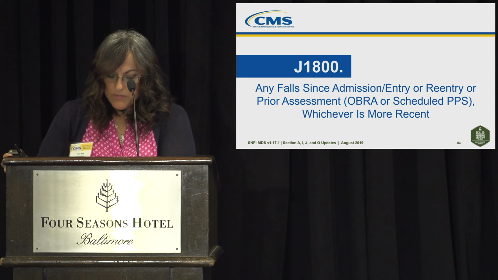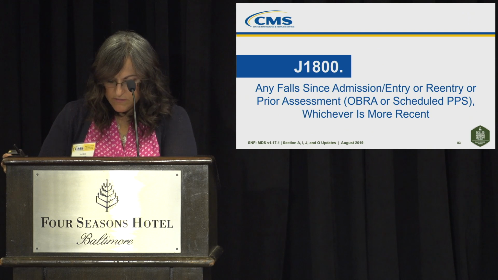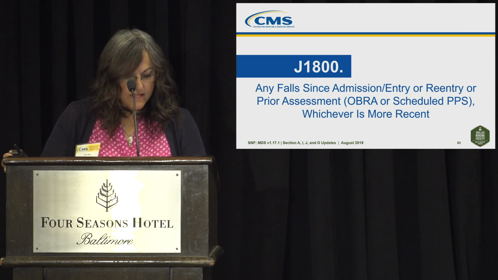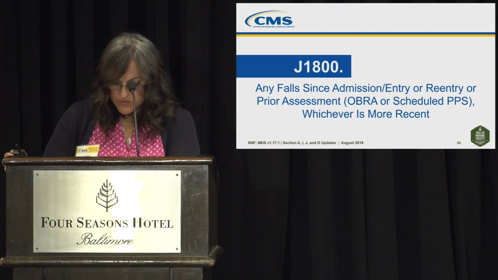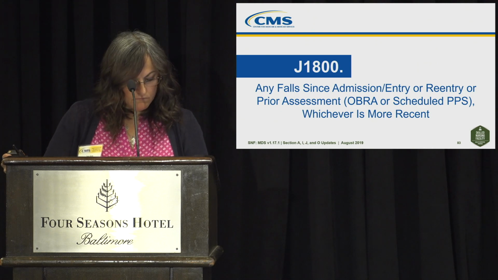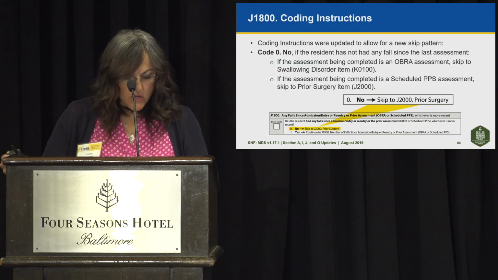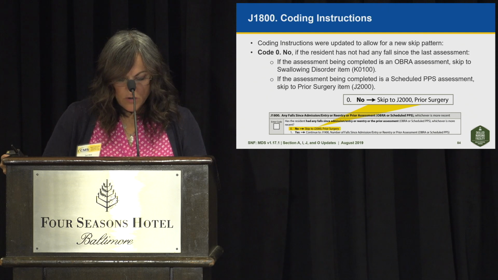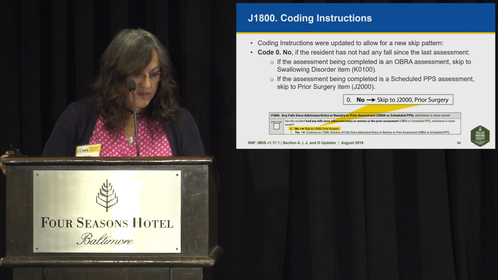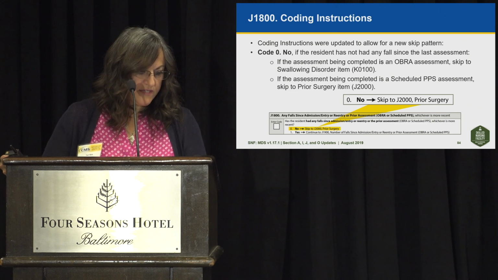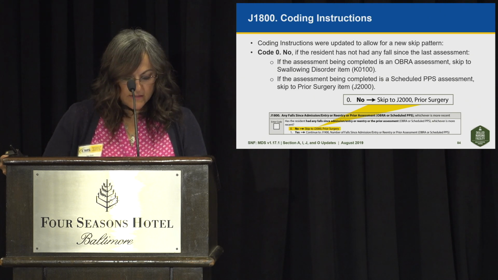So there are a couple of changes in J1800, and they relate to falls. The coding instruction for code 0, no, in J1800 was updated to allow for a new skip pattern. You see that new skip pattern highlighted on the screen.